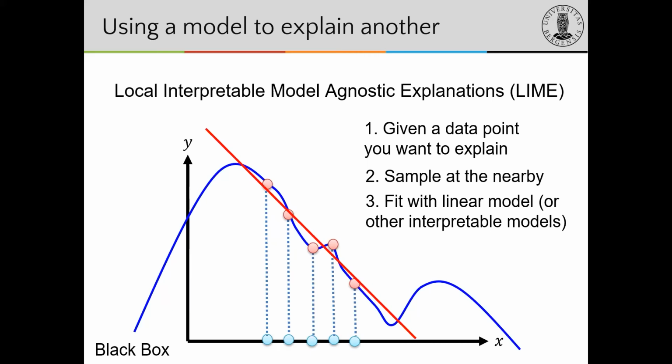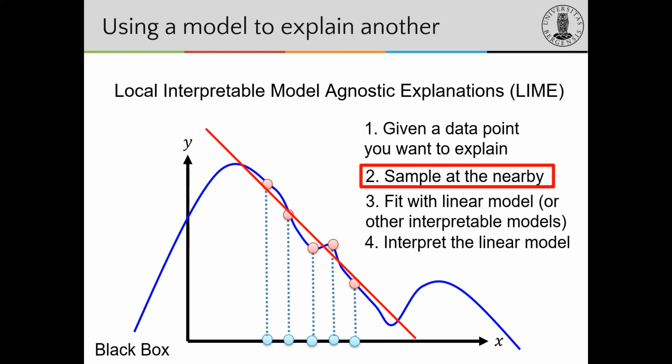Then we can use the linear model to interpret this local region. Then we can understand a little bit about the black box. But by using this method, you need to be careful when choosing the sampling. The distance of the sampling is very important, and it will lead to different results.